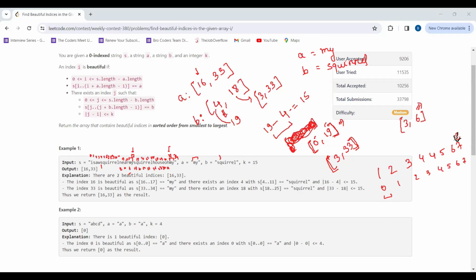If not 4, we'll look for 5. But if 3 is there, then the first element which is not less than 3 is 3 itself. Right? Clear? So here it will return the index to this element, this index 2.